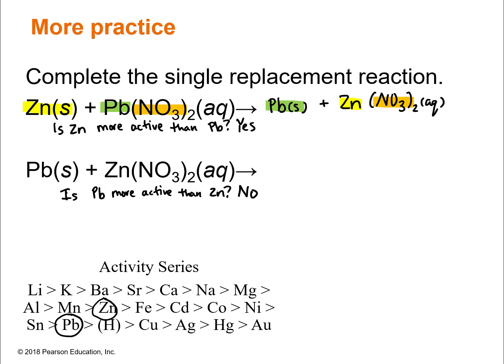So if you put a piece of solid lead into zinc nitrate, nothing's going to happen. That lead is just going to sit there. In that case, we write NR for no reaction. We'll do more practice like this in class, but the key is knowing what these reactions mean in terms of a question that you can use the activity series to answer.